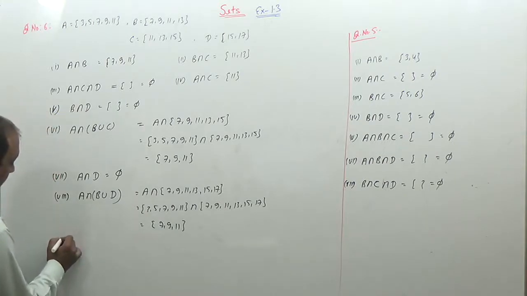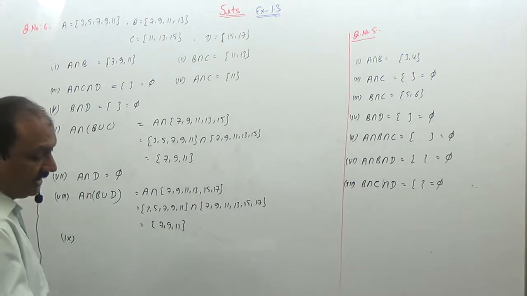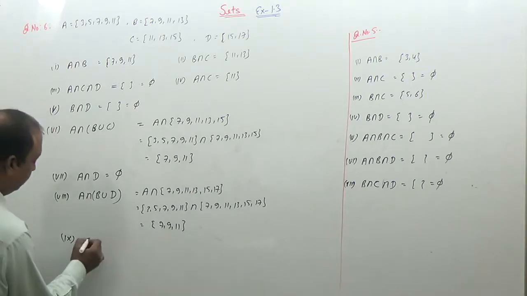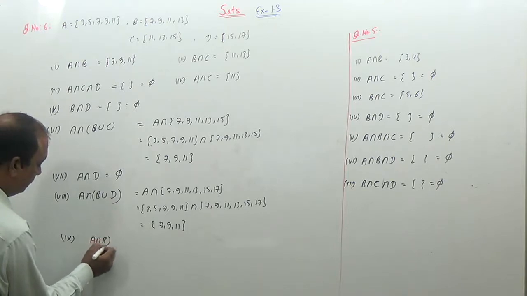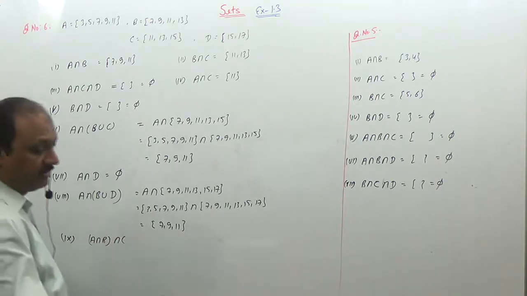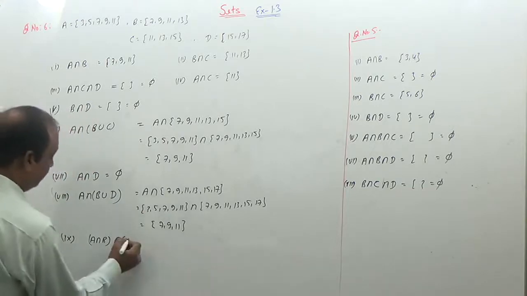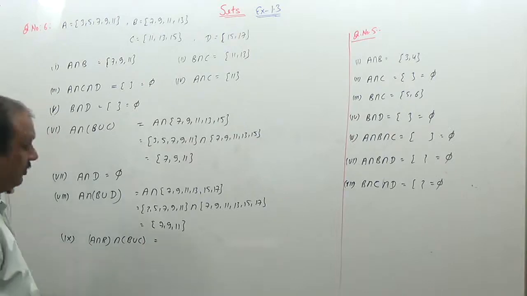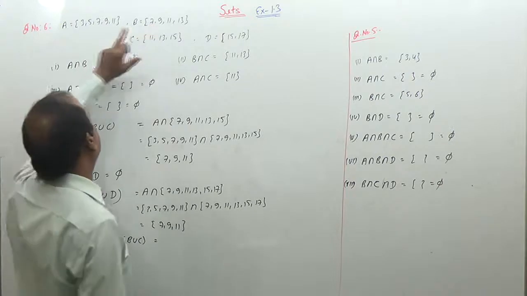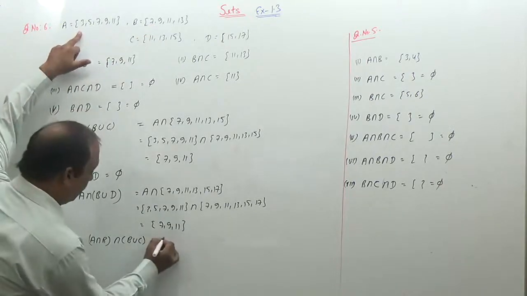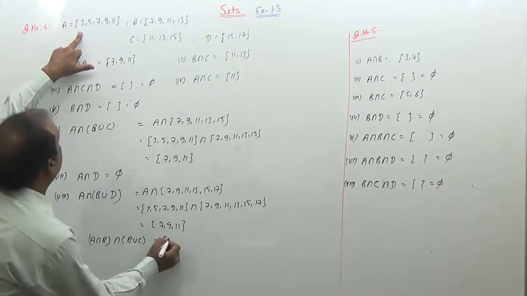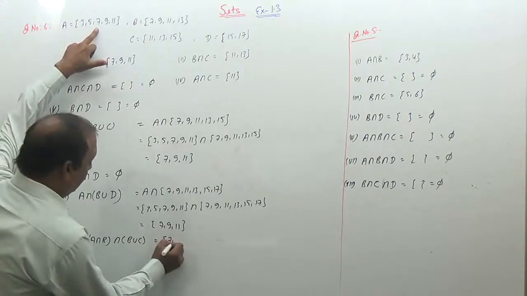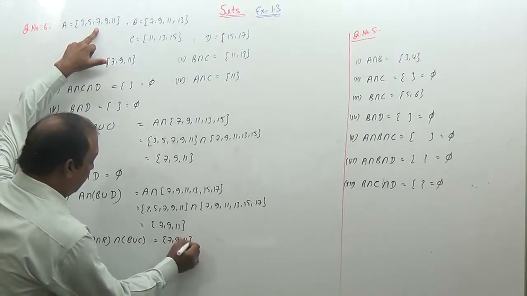Now, ninth part is A intersection B intersection B union C is equal to, पहले ब्रैकेट सॉल्व करें. So A intersection B, what are the common elements between A and B? So A intersection B is a set which contains the elements 7, 9 and 11.